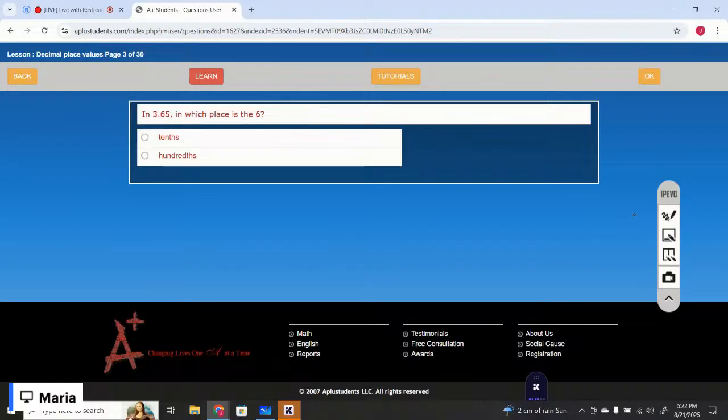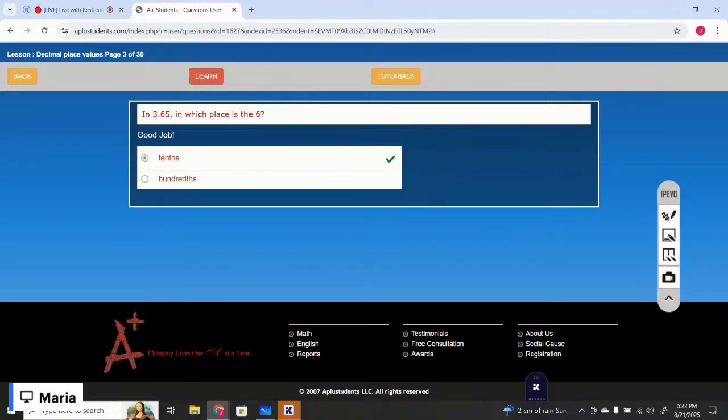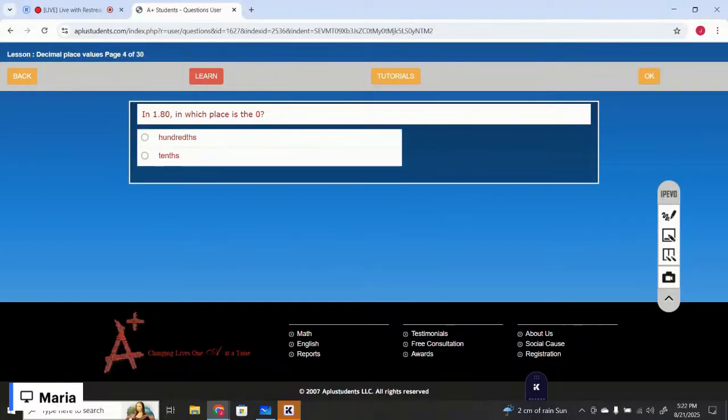The correct option is tenth. Option number 1 is the correct option. In 1.80, 0 is at the hundredth place. The correct option is hundredth. Option number 1 is the correct option.